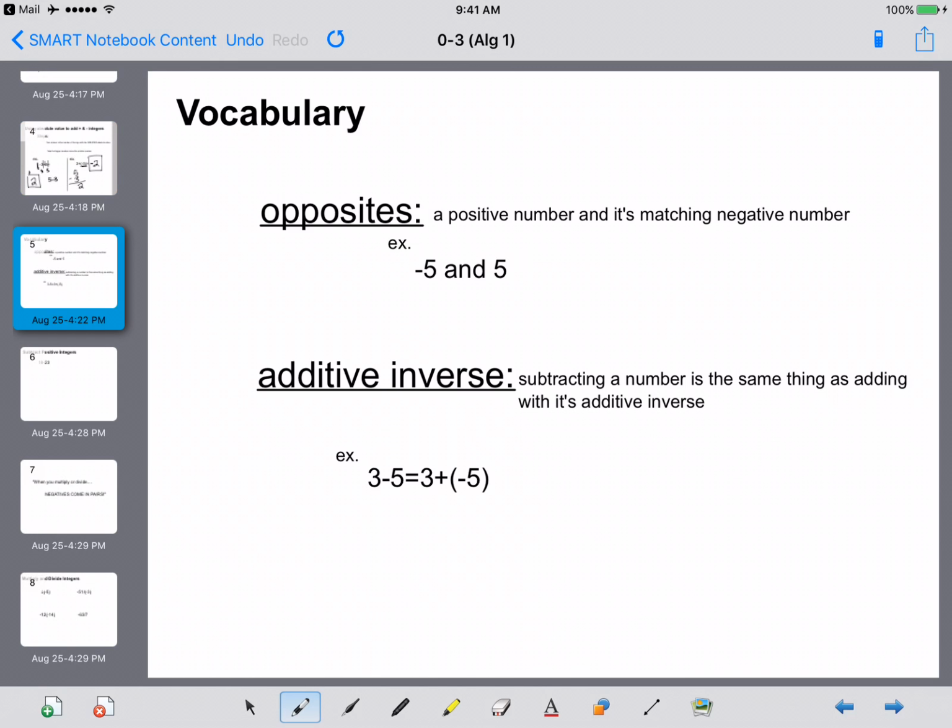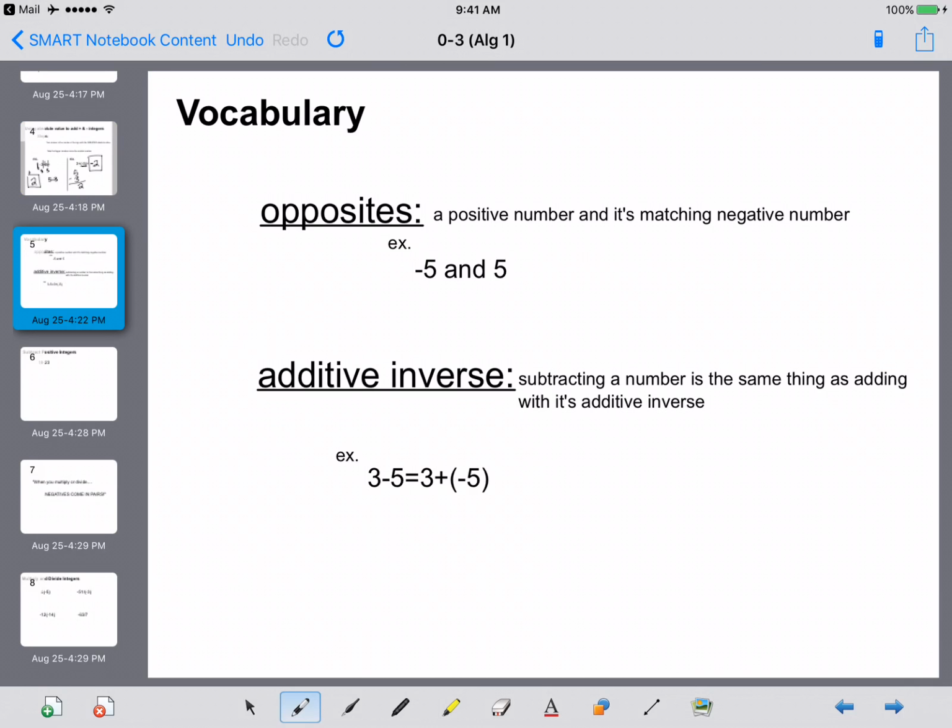Some more vocabulary words that we need to know is the word opposites. It's a positive number and its matching negative number. So negative 5 and 5 are opposites. Negative 372 and positive 372 are opposites. And that kind of gets you to the additive inverse.